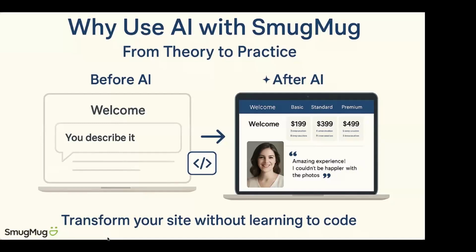So with AI tools, you can create elements that previously might have required hiring a developer or spending many hours finding the right YouTube video or trying to learn to code. Second, it gives you a competitive edge. When potential clients are comparing photography websites and services, custom elements can make your site stand out from some of the others. Third, it can improve conversion rates, drive more sales, and simply better communicate your brand and value with your visitors.